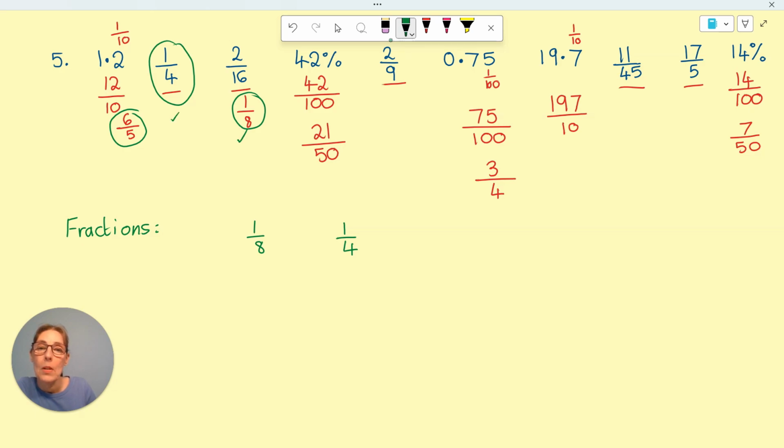Sort of sneakily put those in. 2/9. 3/4, can put that in over here. And we've got 197/10. That's going to be probably the biggest one we've got, I'd say. Because that's 19.7 wholes. So it's going to be right over here.